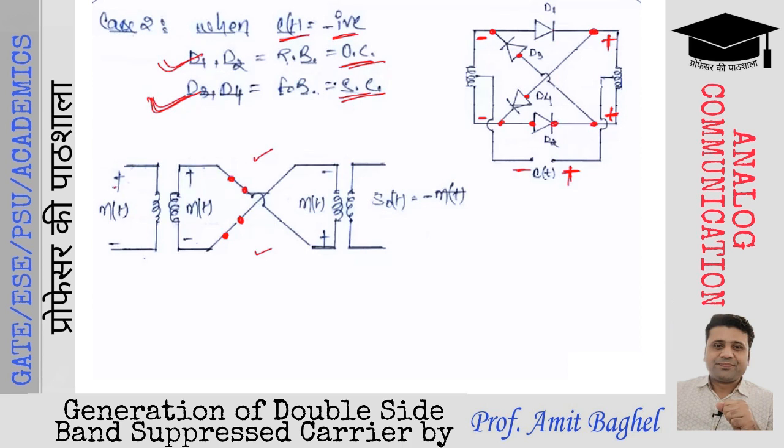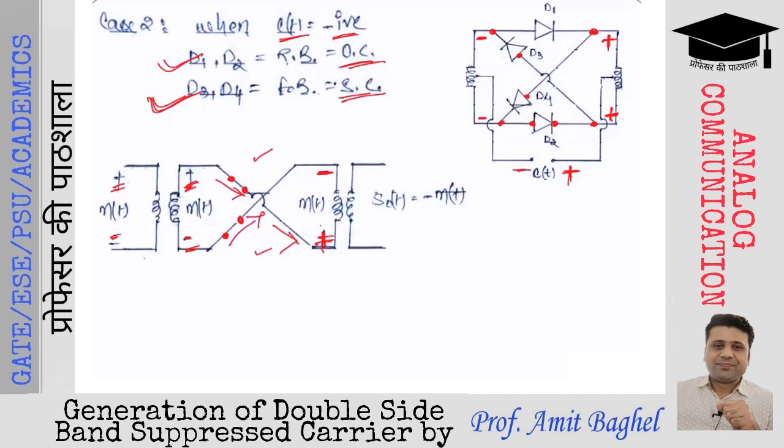Now MT will be coupled to the center tap transformer with the positive polarity, but when this MT passes to the transformer T2 or the secondary windings of the center tap transformer, what we can say, the positive terminal will reflect here, and negative polarity will reflect here.